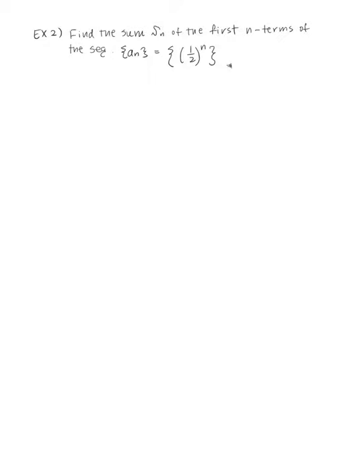So example 2, find the sum S sub n of the first n terms of the sequence defined by 1 over 2 to the n. First, let's try to understand what is going on. If I expand this sequence, our first term is 1/2, the second term is 1/4, the third term is 1 over 8, 1 over 16, and so on.